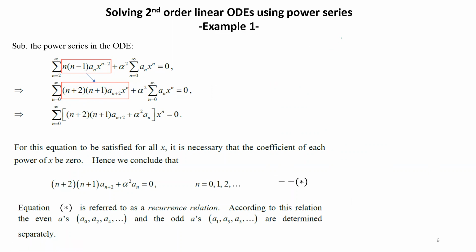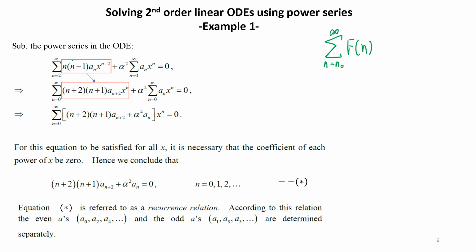So what we are really considering is something like this. Let's say n goes from n naught, so in this case n naught is 2, but it can be any integer, and I have some expression that depends on n. This is what I have in the first line.